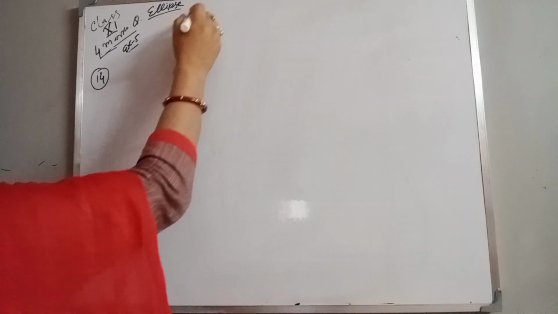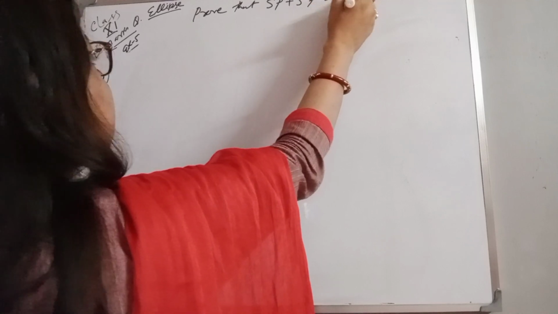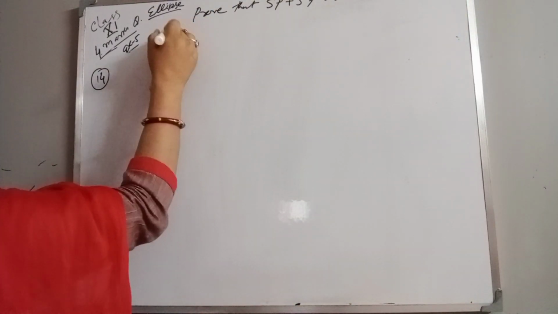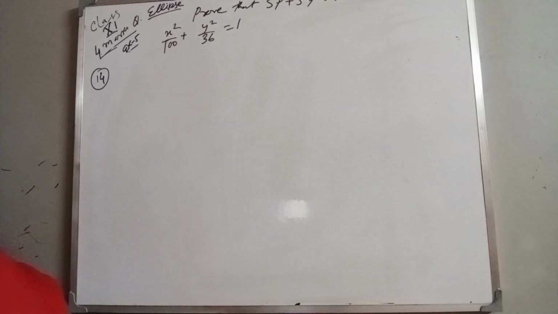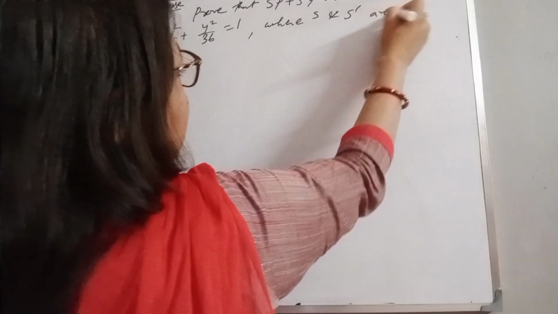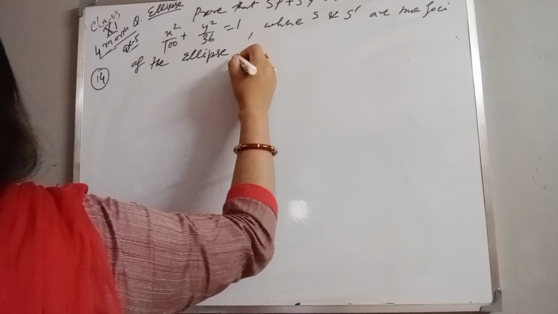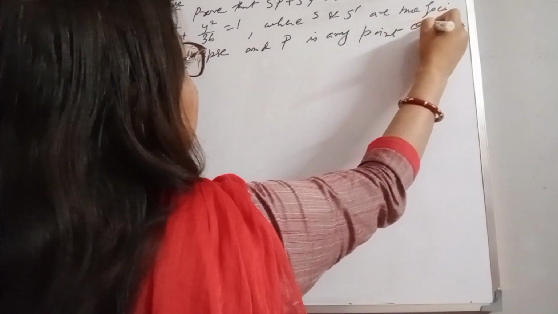We have to prove this question, let me write: prove that SP plus S dashed P is equal to 20 for the ellipse x squared by 100 plus y squared by 36 is equal to 1, where S and S dashed are two foci of the ellipse and P is any point on the ellipse.